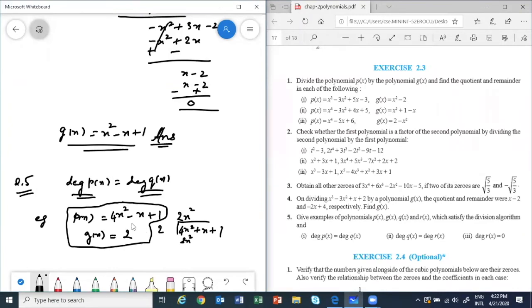If we divide p(x) by g(x), we will get the same degree. Degree of p(x) and q(x) will be the same. See how I tried it. Because otherwise, if g is some, suppose I take 2x, will I get the same here? No, then degree of p(x) and q(x) won't be the same.